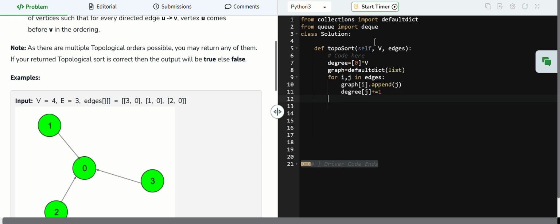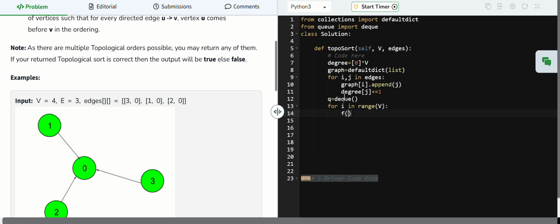That means this u is connected to v, or we can say i is connected to j, so the degree of j will increment by 1. Fine. And I have to make one deque, so q equals deque. And for i in range(V), I am checking those nodes whose parents are 0, with no parent for that node, so I am considering them.